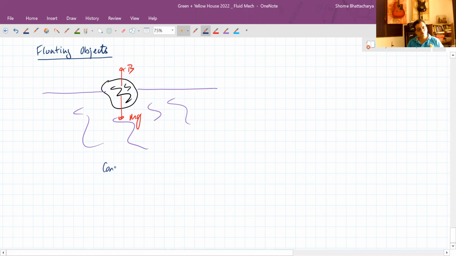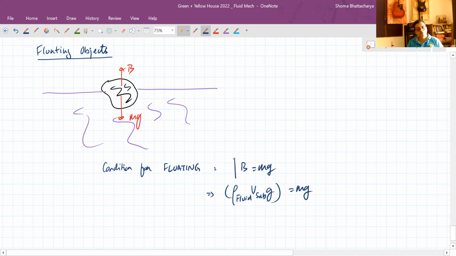So the condition for floating is that buoyant force balances the weight. In other words, density of the fluid into volume of the submerged part into g must be equal to mg. This is the condition for floating.